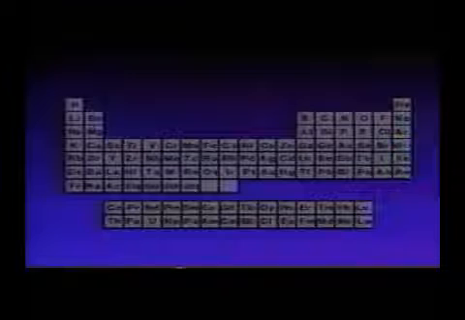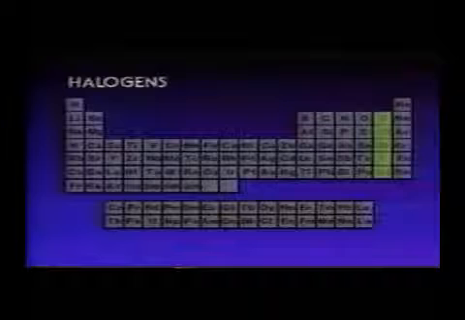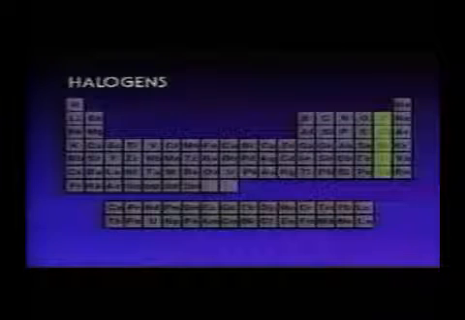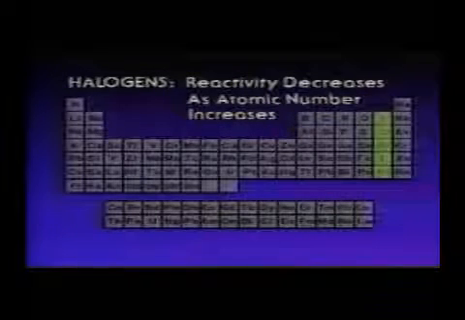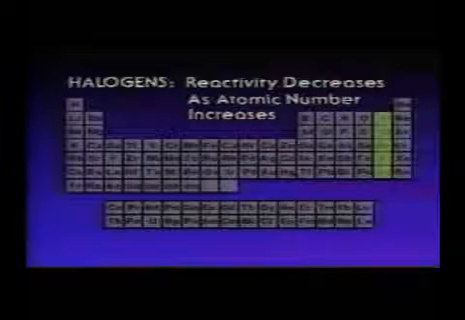In addition to the noble gases, there are other groups of elements that share similar properties. For example, the second column from the right contains fluorine, chlorine, and 3 other elements. This group, known as the halogens, are all strong oxidizing agents. The reactivity of elements in this group decreases as atomic number increases.